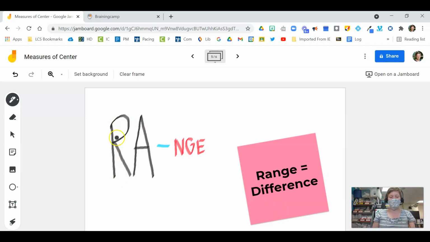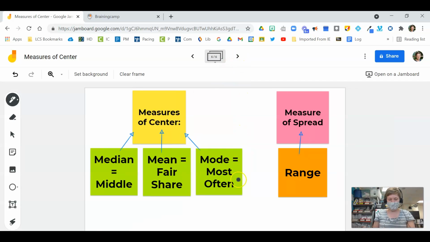So I drew the first two letters R and A really big, and then I'm taking away these small letters, NGE. So it spells range, but the biggest letters minus the smallest letters, just like I would do the biggest number in our set of data minus the smallest number in our set of data. Maybe that picture will help you remember what range means.